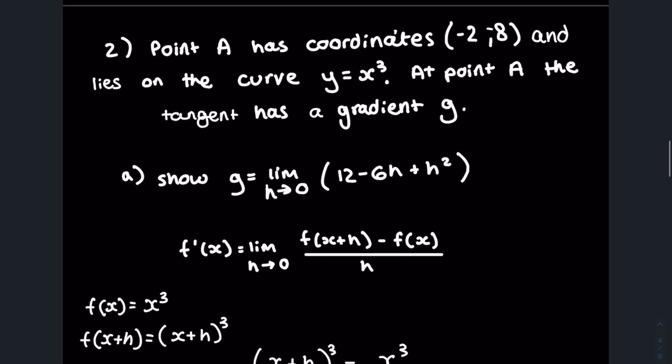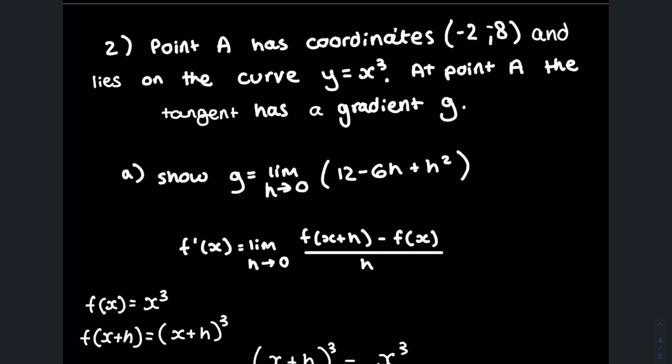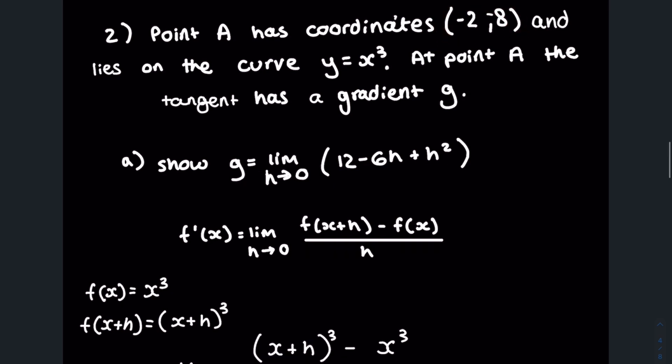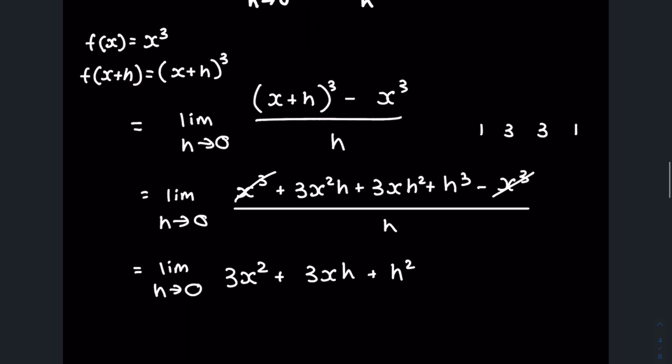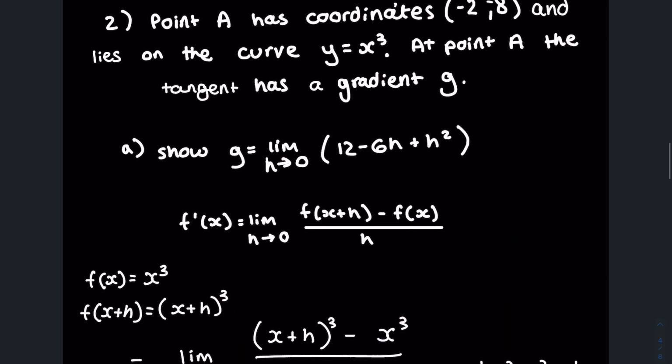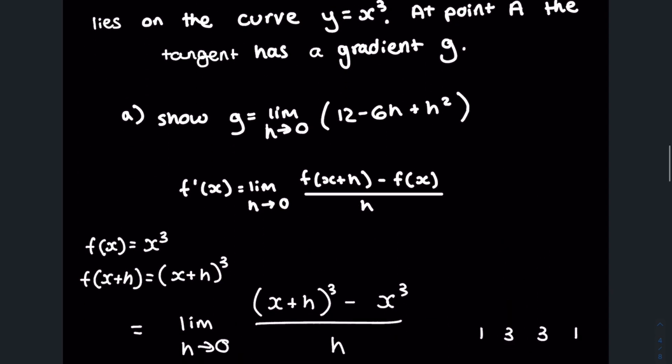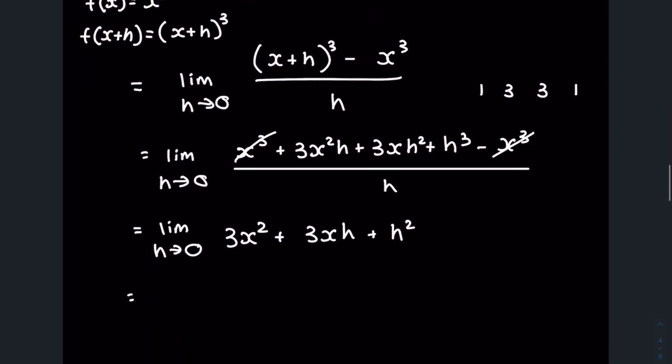But they're asking for it at the point A. So we know that at this point, we actually have to sub in, because this is what our gradient is, the -2 and -8. However, the -8 is for our y, and all we have is x's here. So what we will do is just sub in our -2, and this should fix all our problems.